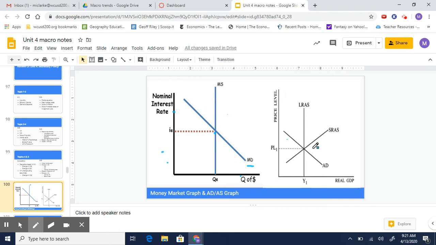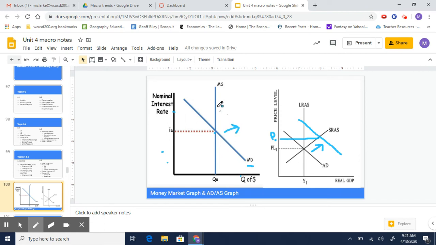All right, so let's say in this case, there's a rightward shift in aggregate demand. Or you could say a leftward shift in supply. Both of those cause inflation because look, with the rightward shift in aggregate demand, now prices are up here. So when there's inflation, people are going to demand more money. So look what happens.